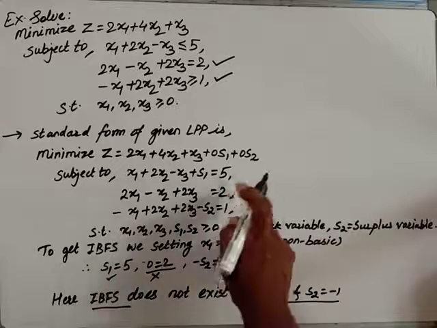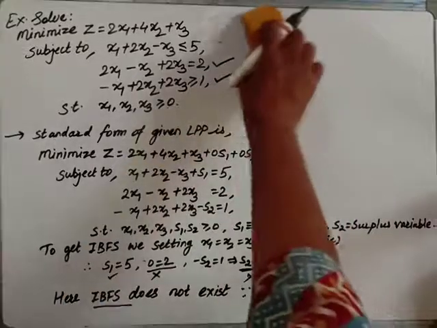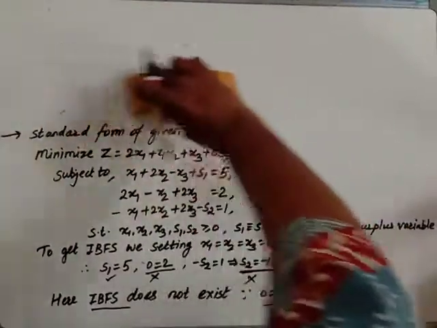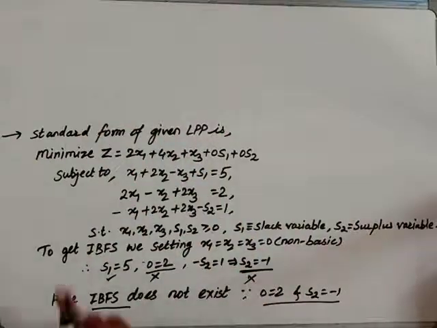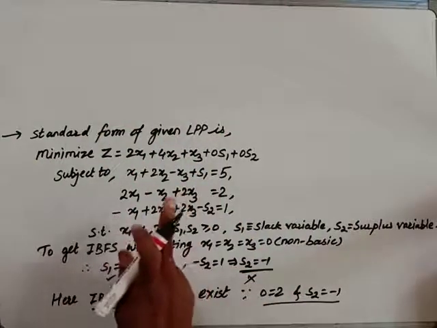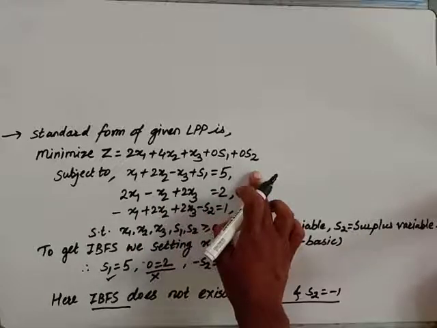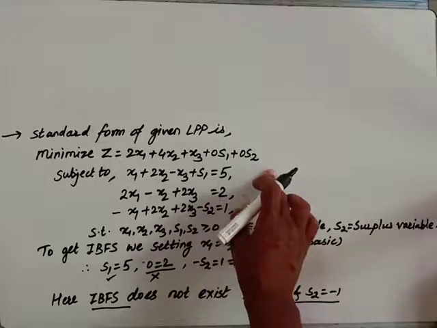So a slight change in the standard form occurs due to that. Also, as the objective function is of minimization type, the coefficient of the artificial variable is plus m in the objective function.